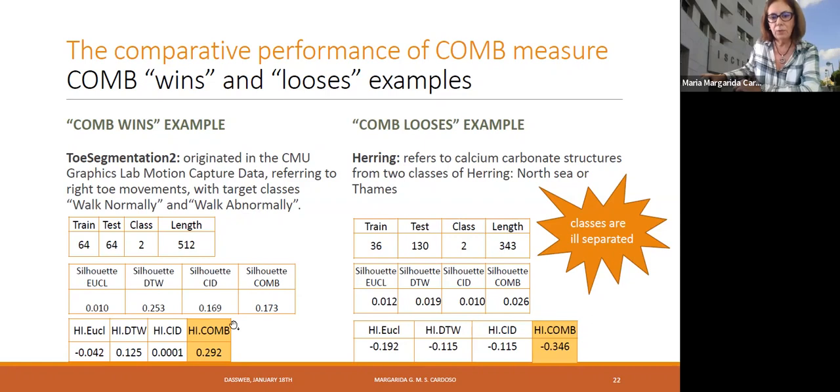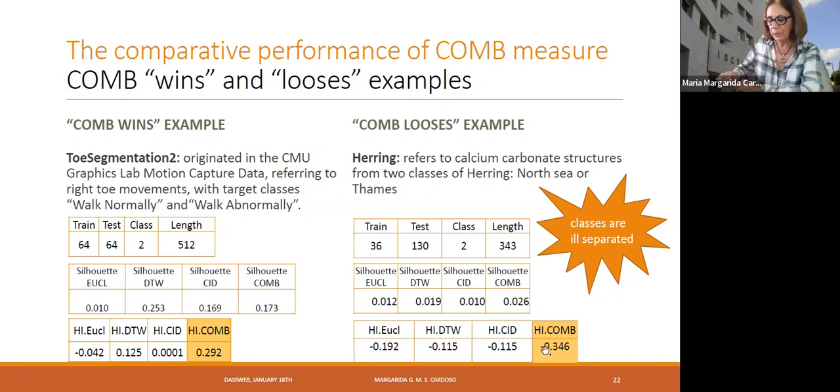And according to the Uberty index, we have much better results for the classifier when using the comp distance. The comp distance loses in a very difficult scenario for all distances because the classes are very ill separated, but it is the worst result.